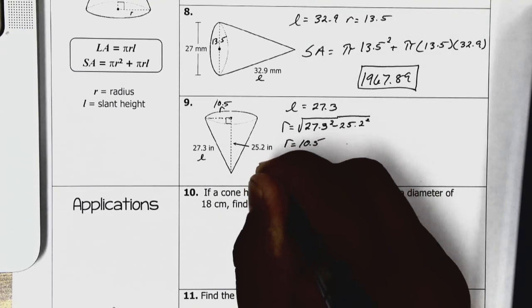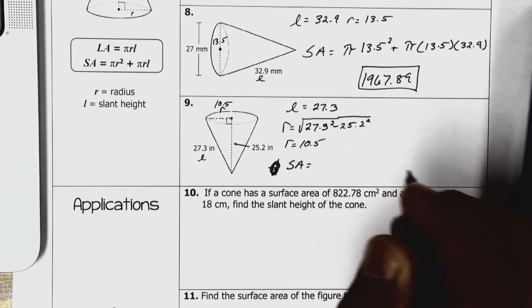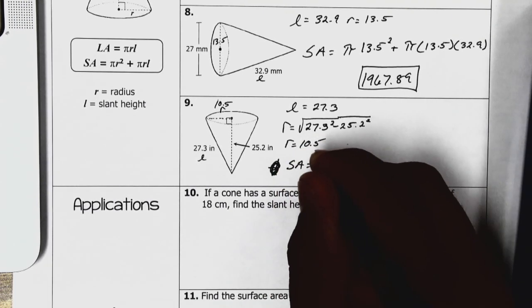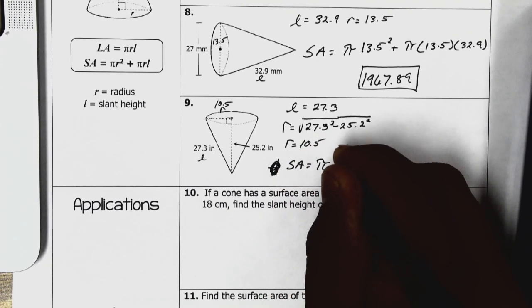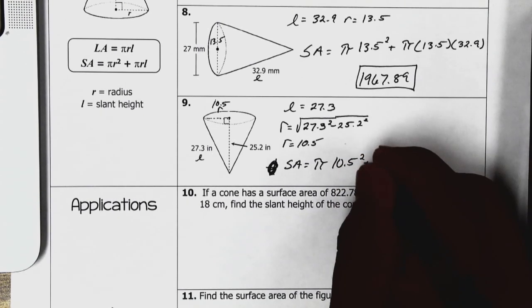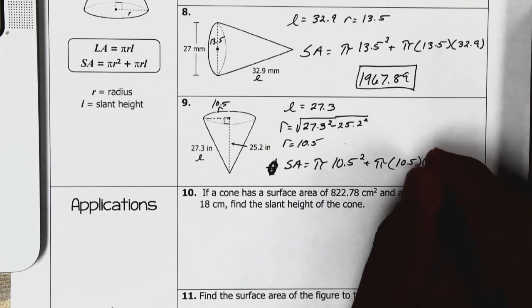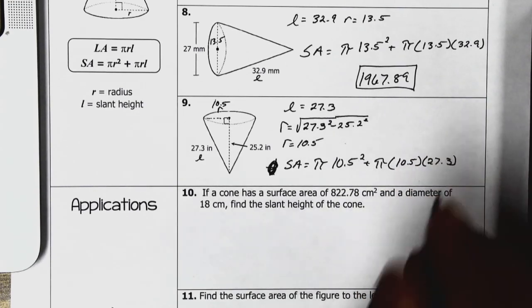So SA equals pi times that 10.5 squared plus pi times 10.5 times the slant height 27.3.